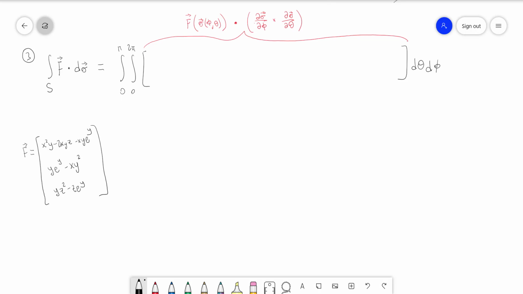And then let me go ahead and write down the parameterization sigma that we had earlier real quickly. So for this first part, plugging our parameterization into the vector field F amounts to plugging these three expressions in for x, y, and z.